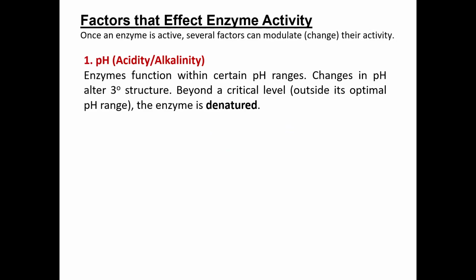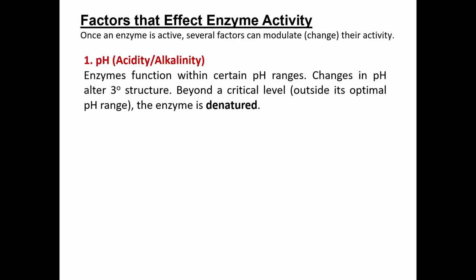Each enzyme has an optimum pH, which is the pH value at which the enzyme has its highest activity. It depends on where that enzyme is located. That is how you will see the pH optima of that enzyme.